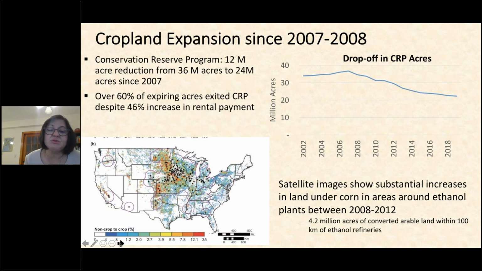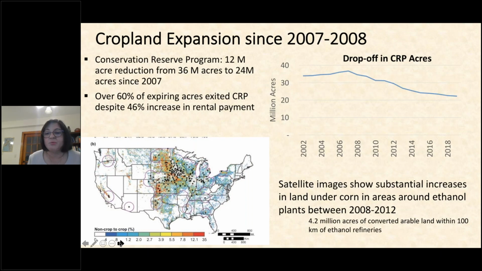And in the bottom map, you could see the corn ethanol refineries reflected with those black dots. Satellite images showed that there was a lot of cropland expansion taking place, particularly in North and South Dakota and some of the Great Plains area and Midwest, around the same period, between 2008 and 2012. And all of that led to a lot of concern about these adverse consequences of corn ethanol production.